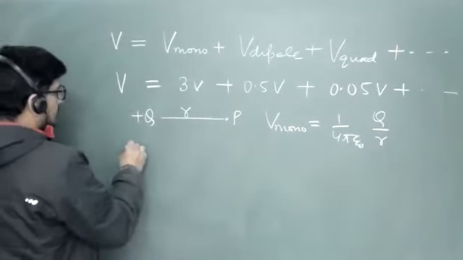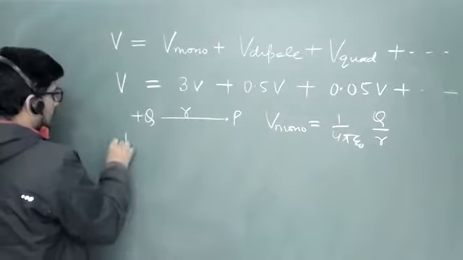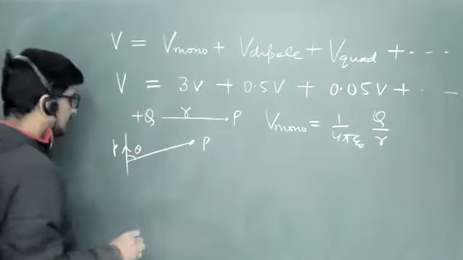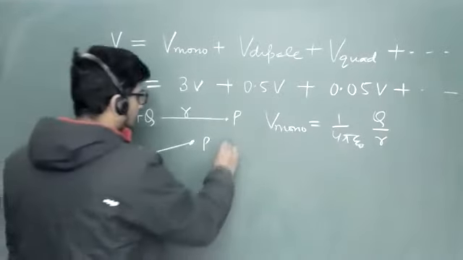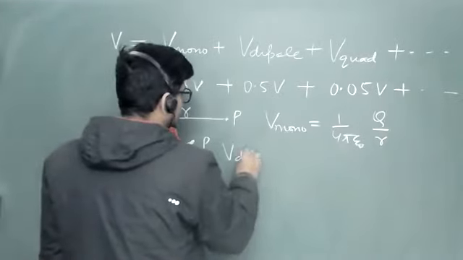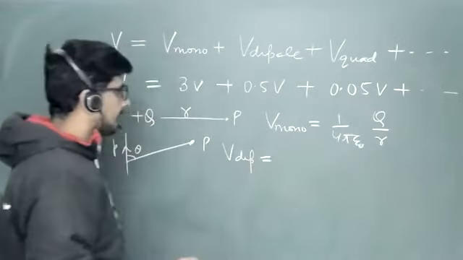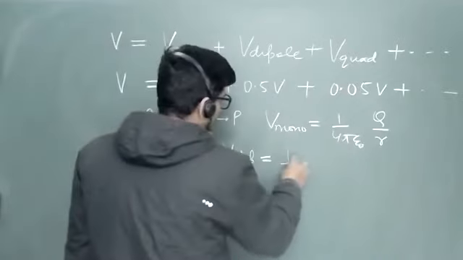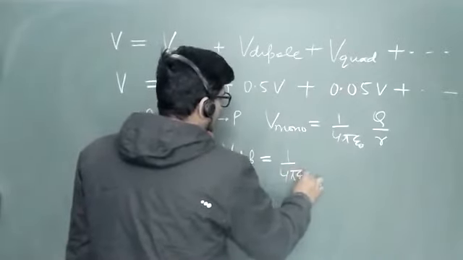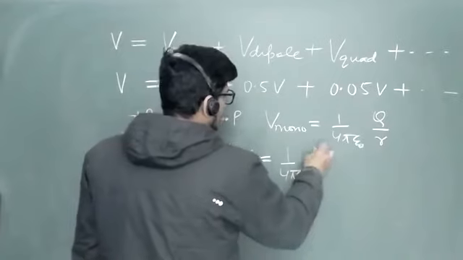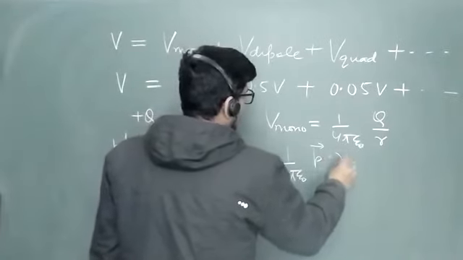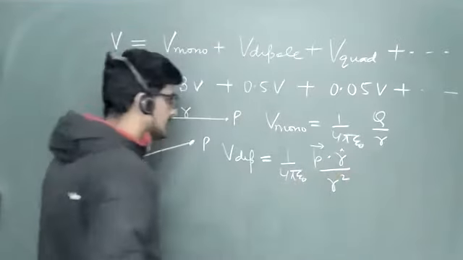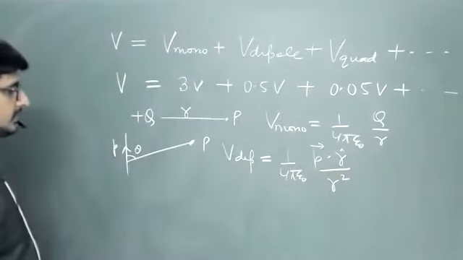If I write for a dipole p at some point, and suppose this is angle theta, what will be V dipole? It is 1 by 4 pi epsilon naught, p cos theta over r square, right? This will be the dipole contribution.